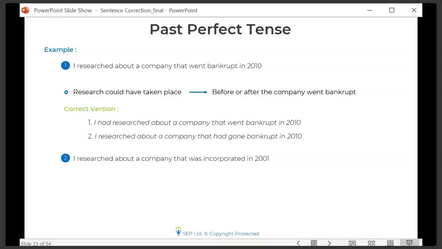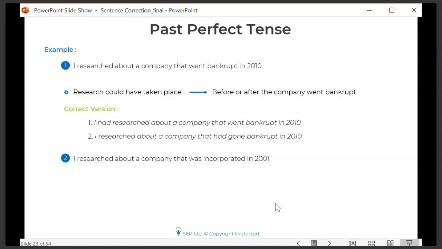So the past perfect tense needs to be used where we need clarity, where we need to understand which event took place first and which event took place after the first, when both events took place in the past. Okay, clear so far? Fine.